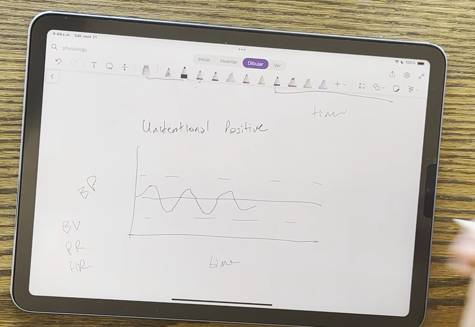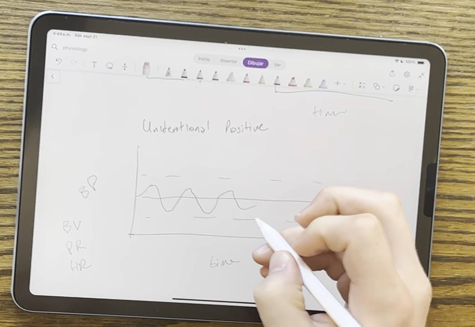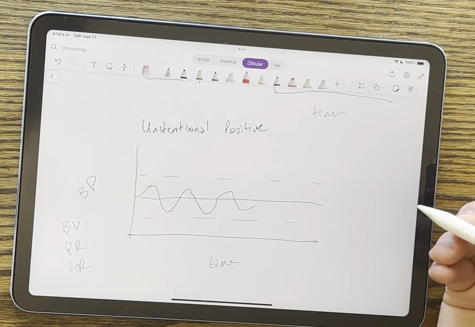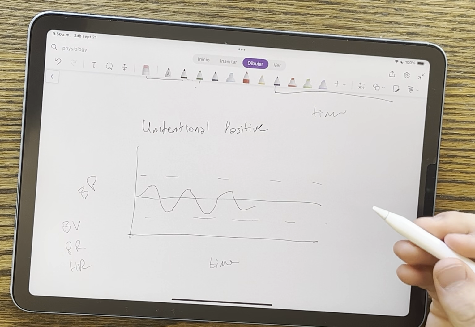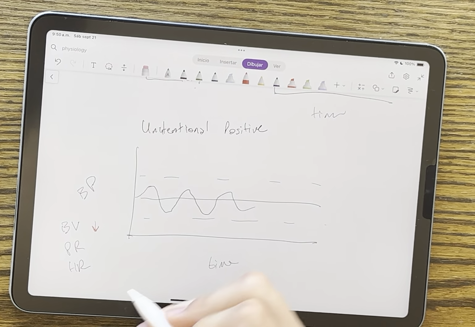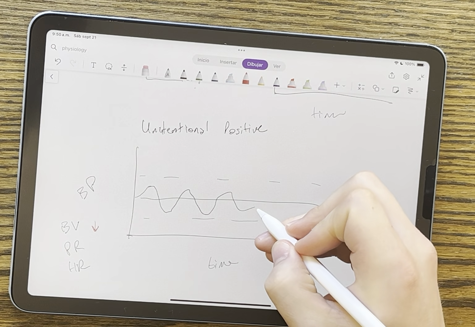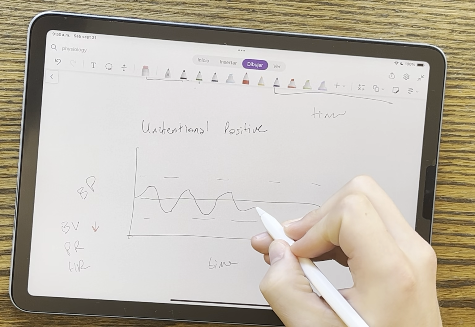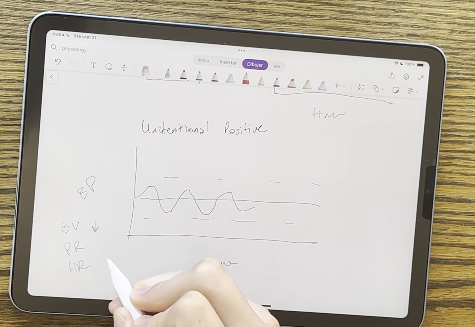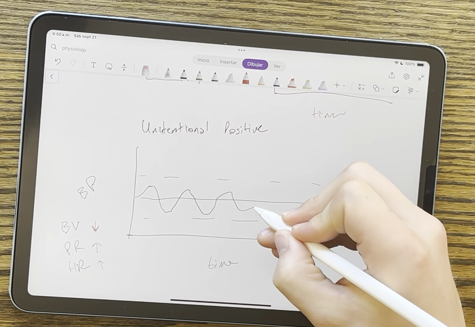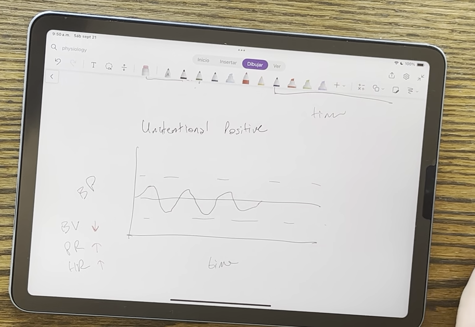And it continues on. But let's say, for example, somebody gets cut. It's a pretty big wound. Their blood volume decreases. Naturally, as your blood volume decreases, your blood pressure is going to go down. So your body naturally is going to increase in heart rate and increase peripheral resistance so that it comes back up to a normal level.